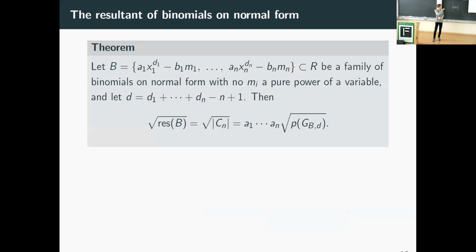We were able to prove the following. Say we have our standard family of binomials on normal form, and assume for now that all of these mi are not a pure power of a variable.